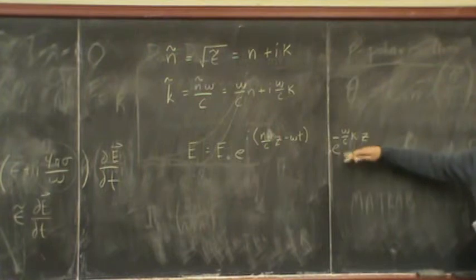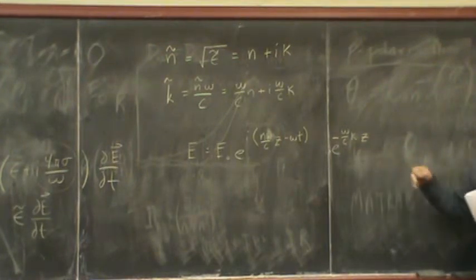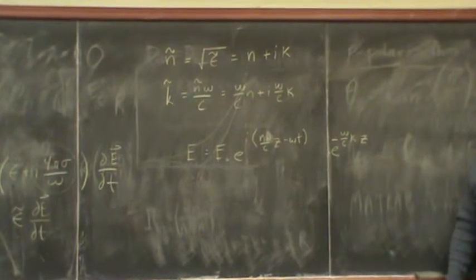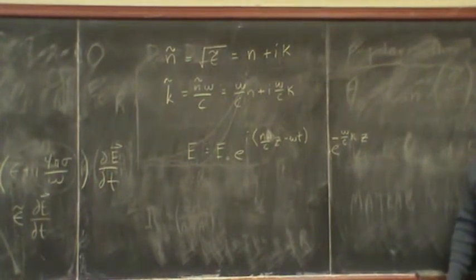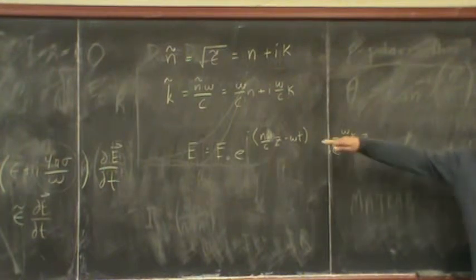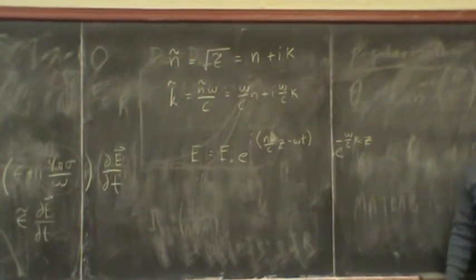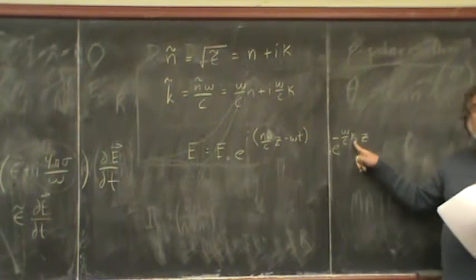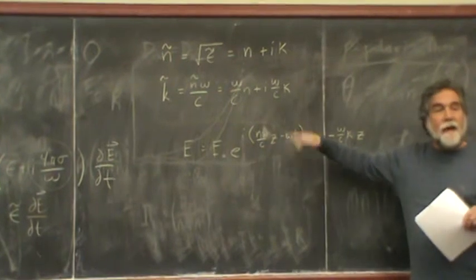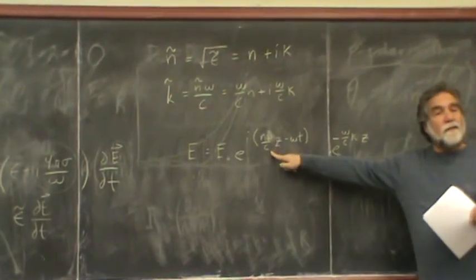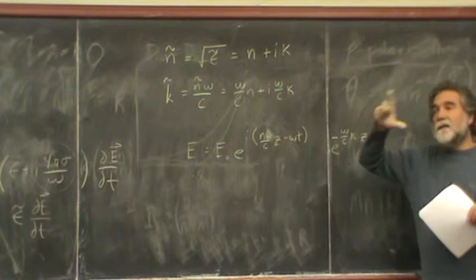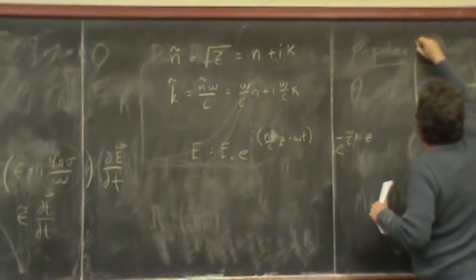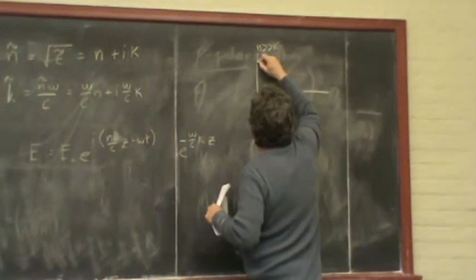But which term is bigger, and whether it actually looks like an oscillating wave or a decaying wave, or just a decaying something, will depend upon the ratio of kappa to n. Okay? So if n is much bigger than kappa, then you'll have a lot of waves as a function of z, and you'll just see those waves decaying. So the solution for n much bigger than kappa looks like this.